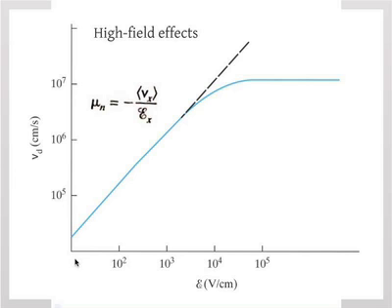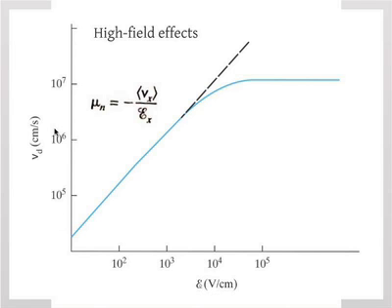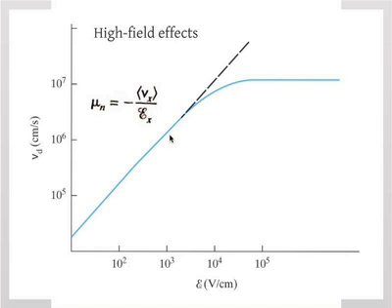So if you plot the drift velocity of the electron, which is related to current, in centimeters per second, as a function of the applied electric field, you see an interesting behavior. Down here, you see a straight line, which is what's called the ohmic regime. Ohm's law is applicable.